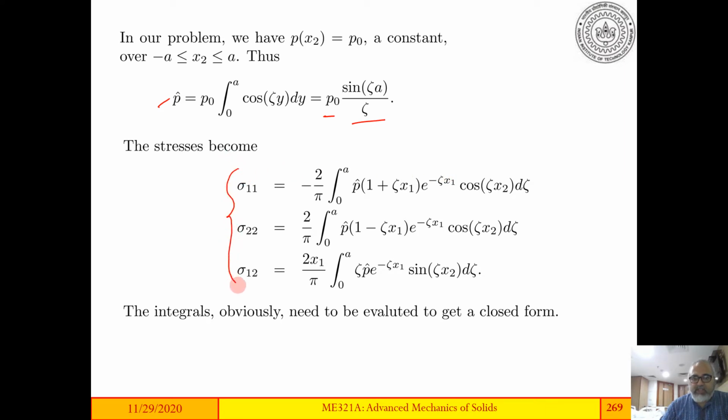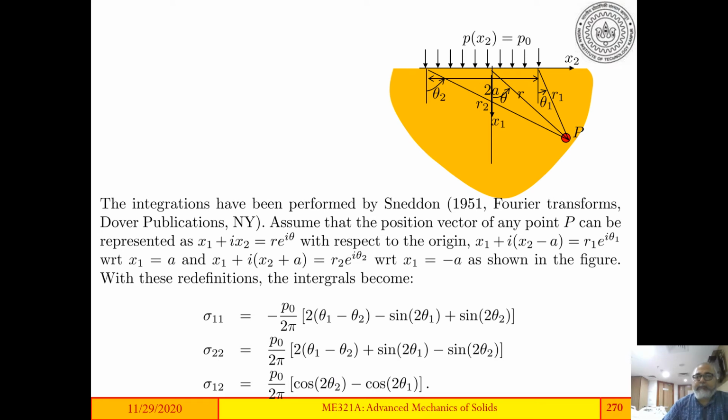These are the integrals that you have to evaluate with p hat given by p naught sine zeta a by zeta. These integrals actually have been evaluated, and I'm not going to derive them. The derivations are a bit long, but they have been evaluated in a sort of non-intuitive way by Sneddon. You can look at the book. The derivation is given there, and this is evaluated at any point p.